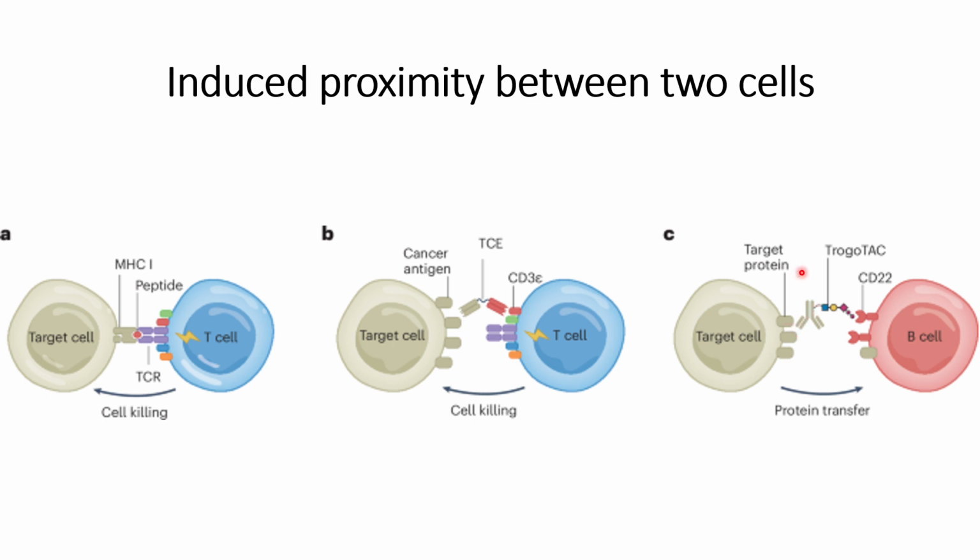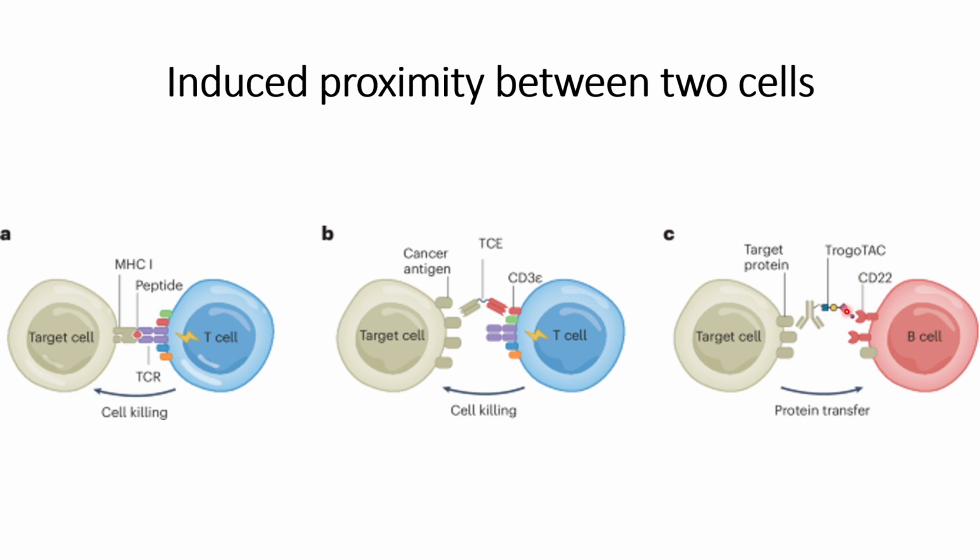So they have leveraged this property to generate antibodies that bring these target cells and B cells close to each other, through the generation of this TROGO-TAC, which is based on trogocytosis. In this case, they use bispecific molecules. On the one hand, they have antibodies that can target proteins on the target cells, and on the other hand, they have glycan structures that can bind to the B cells, that is, the CD22 receptors on the B cells.